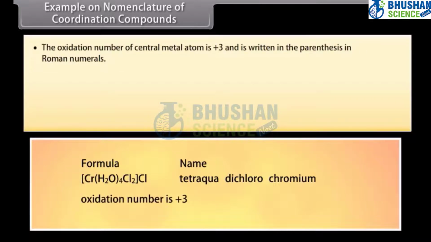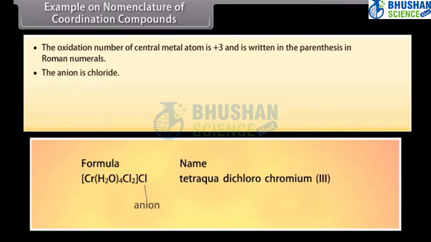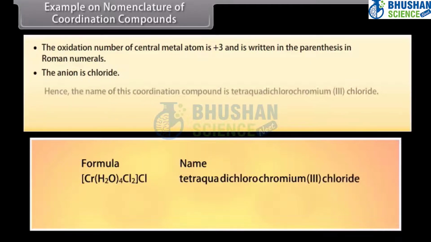The oxidation number of central metal atom is +3 and is written in parentheses in Roman numerals. The anion is chloride. Hence, the name of this coordination compound is tetraaquadichlorochromium(III) chloride.